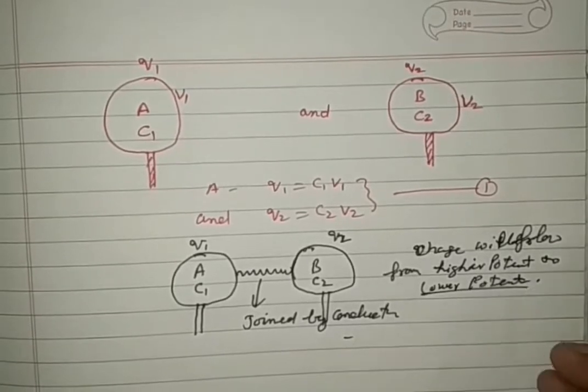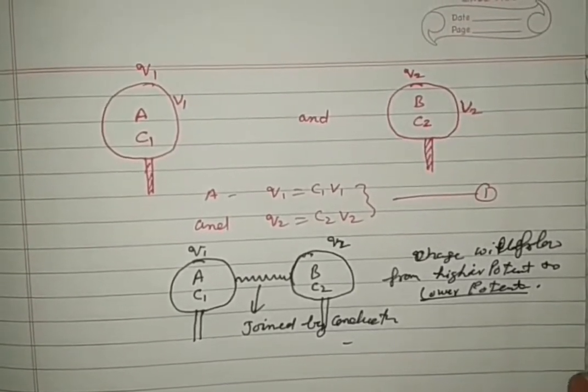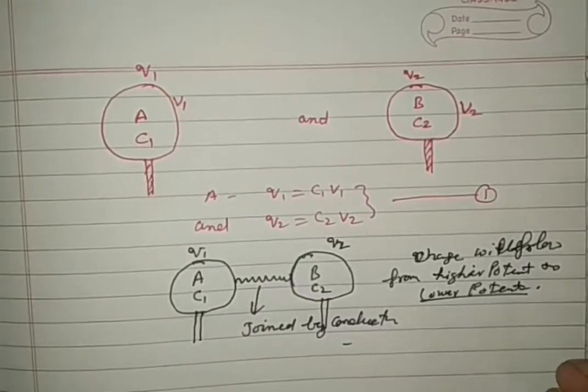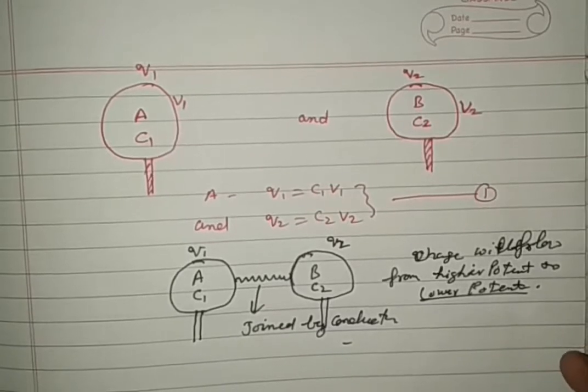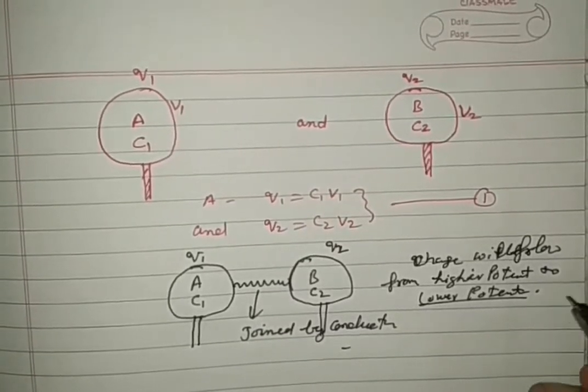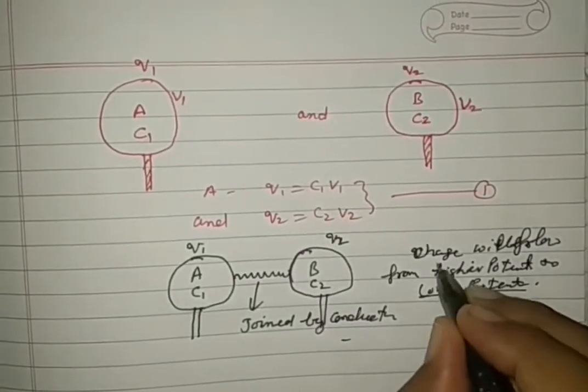The charge flows the same way as air flows from higher pressure to lower pressure, water flows from higher height to lower height, and heat energy flows from higher temperature to lower temperature. Same like that, charge also flows from higher potential to lower potential.